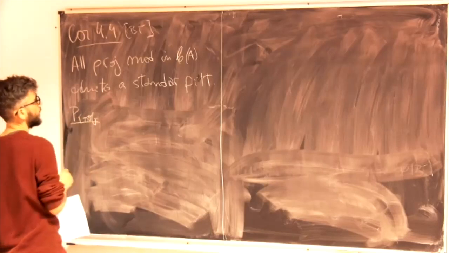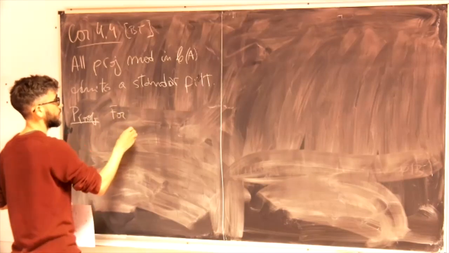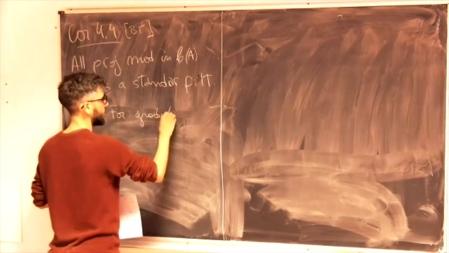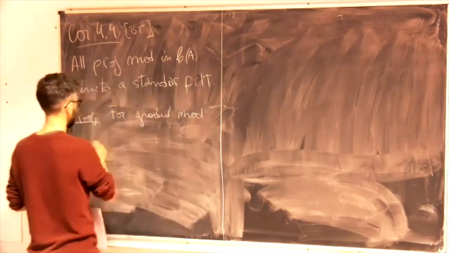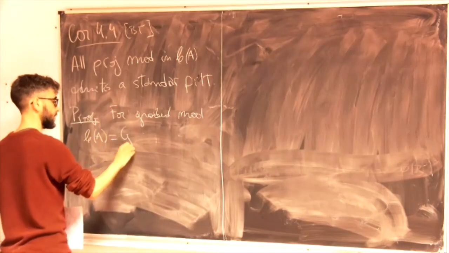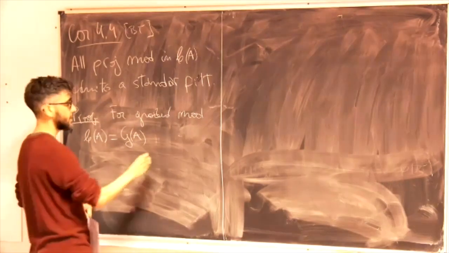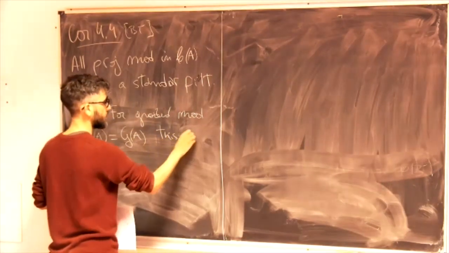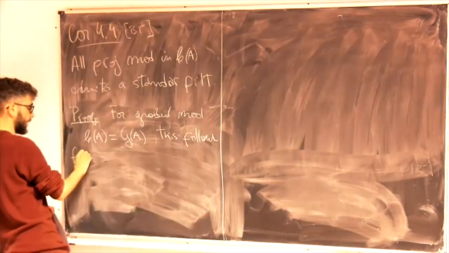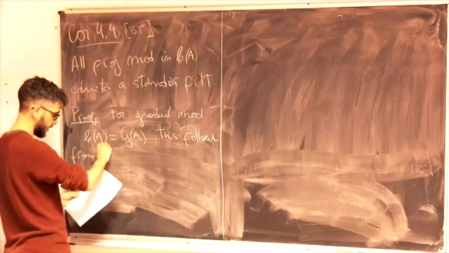And the proof for graded modules, that means in the case that you have C equal to G, the category of graded modules, this follows from the last point of the lemma.